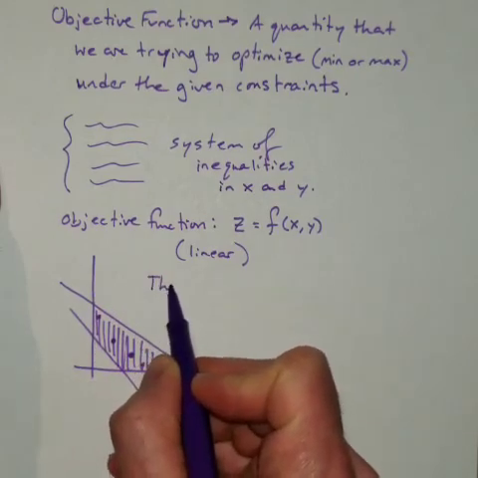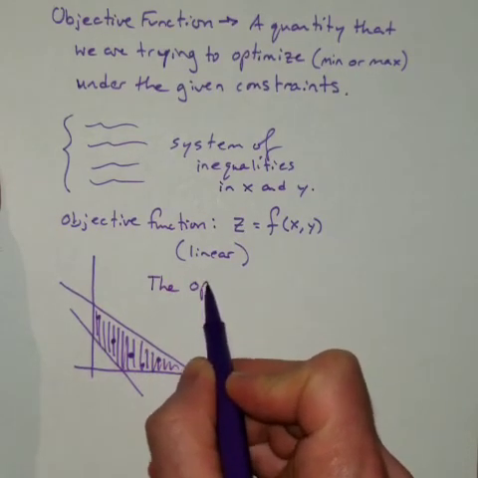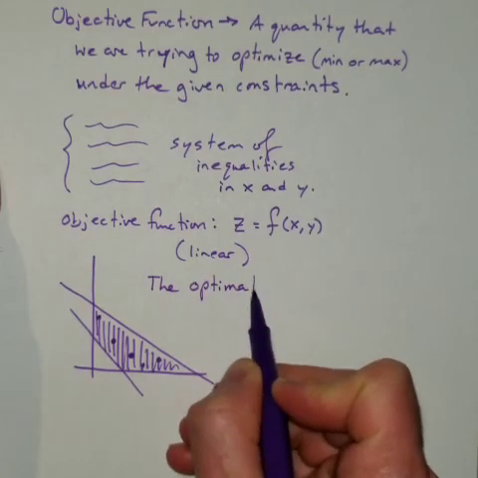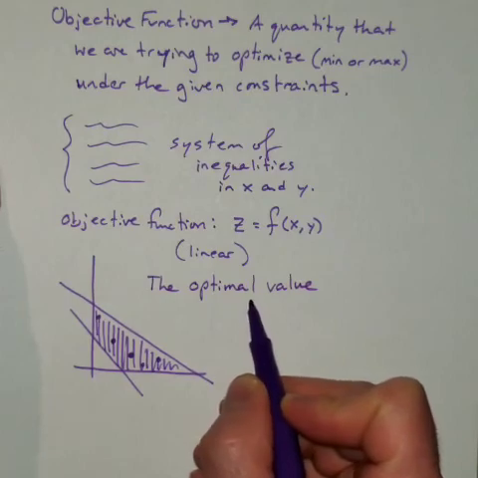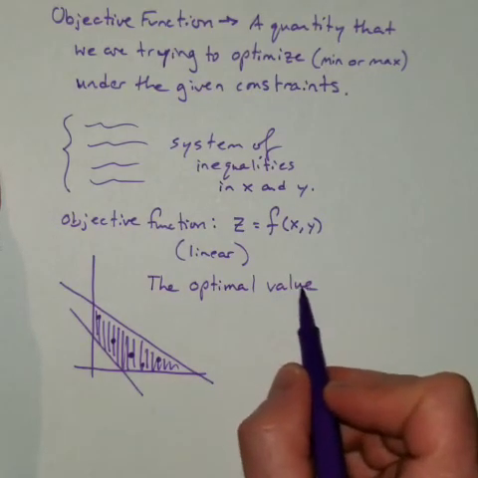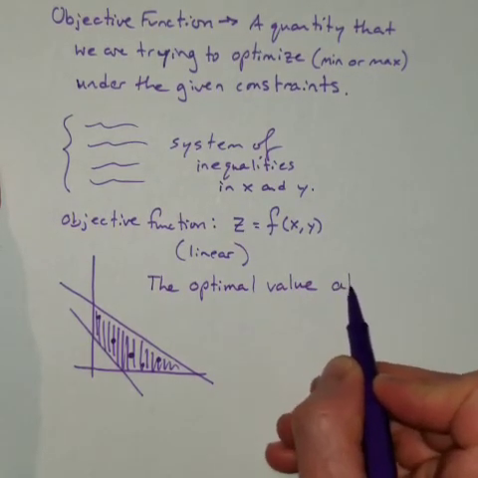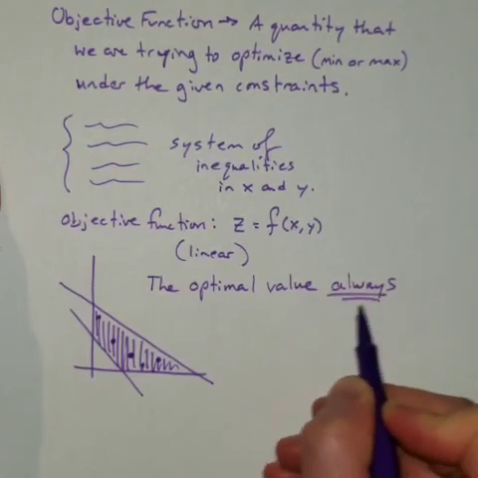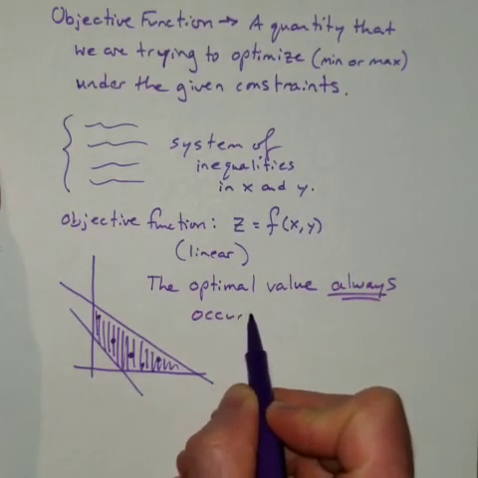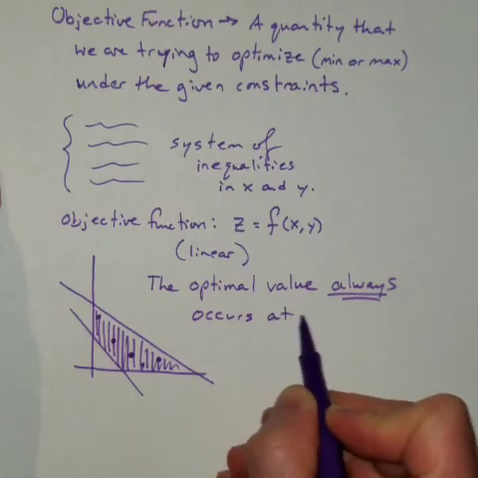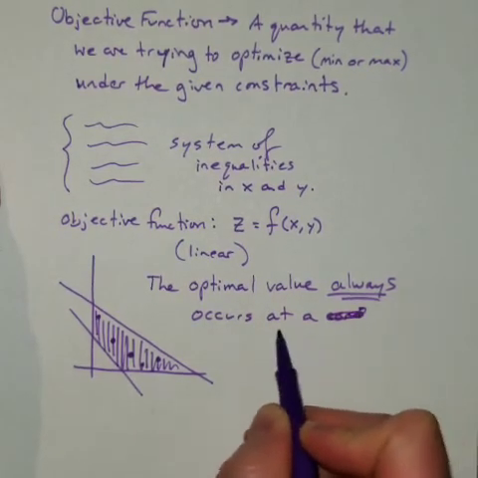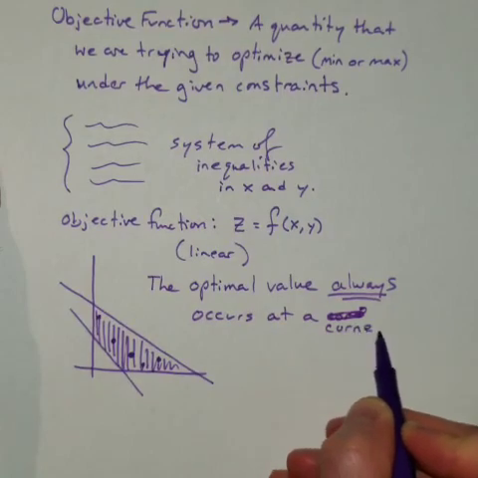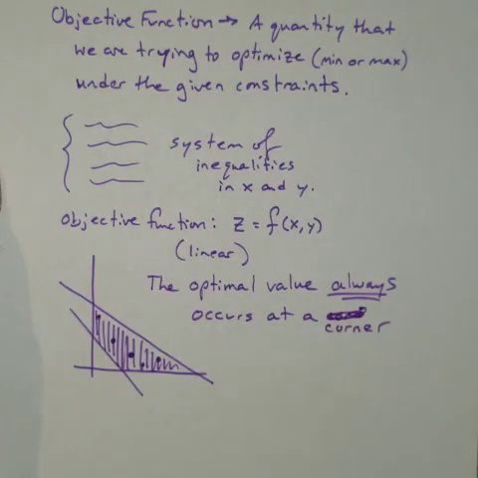Okay, so we'll say the optimal value, again, optimal means maximum or minimum depending on the problem, the optimal value always occurs at a corner. Always.